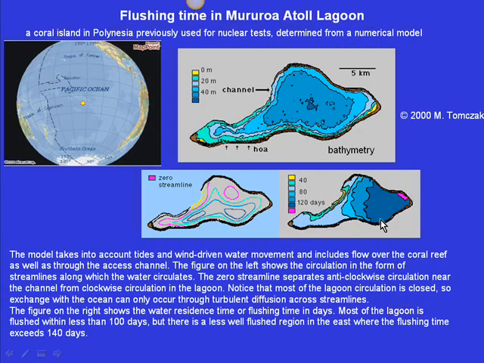And you can see here that almost half of the lagoon takes more than 100 days. So that's not a very good place to do nuclear tests, because the nuclear traces will stay there for a while. I don't know if it's been flushed completely by now, but there might still be some concerns here.